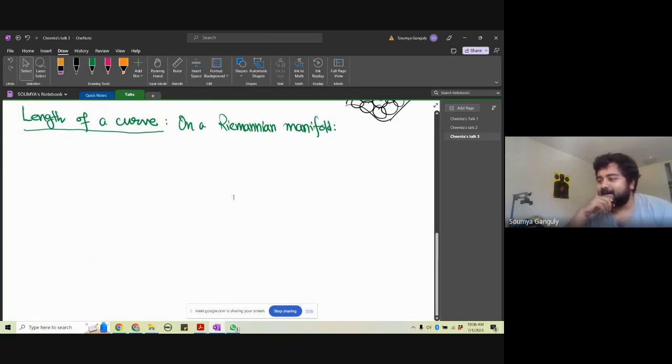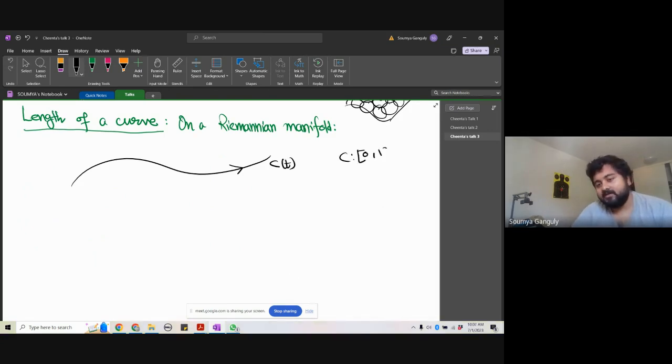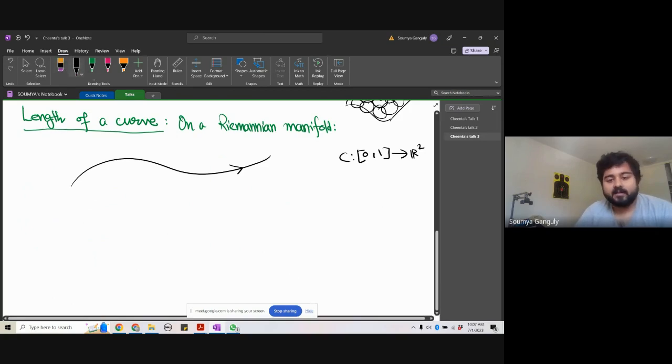Now, let's revisit something from high school physics or high school math. Suppose you are on a curve in R2, a planar curve as I have drawn, and the curve is C of t, where C is a curve from 0, 1 to R2, and at a point t, the coordinate is given by C of t.